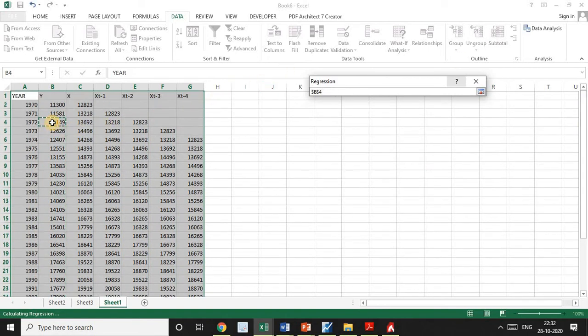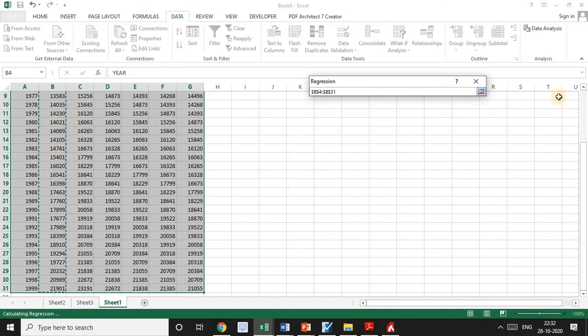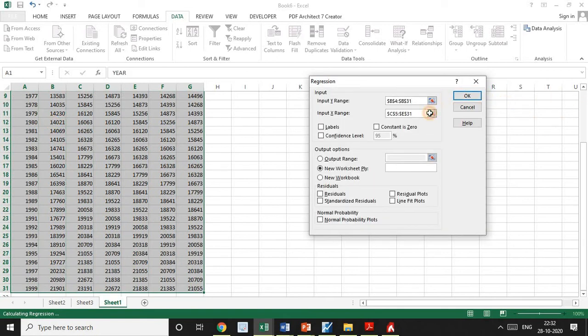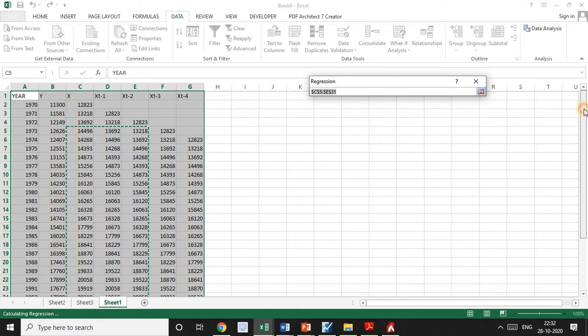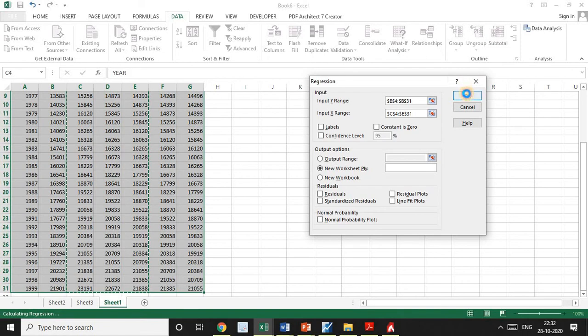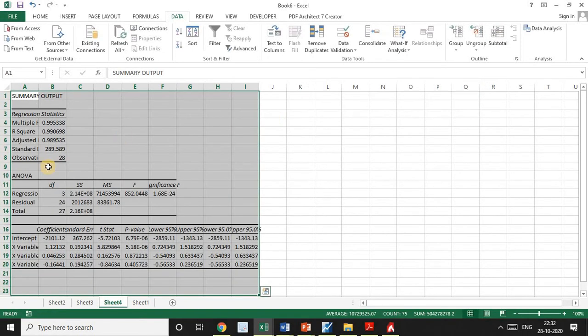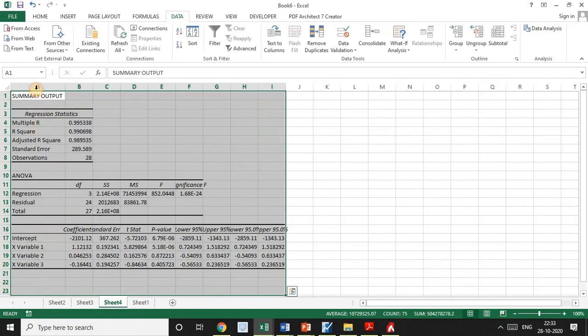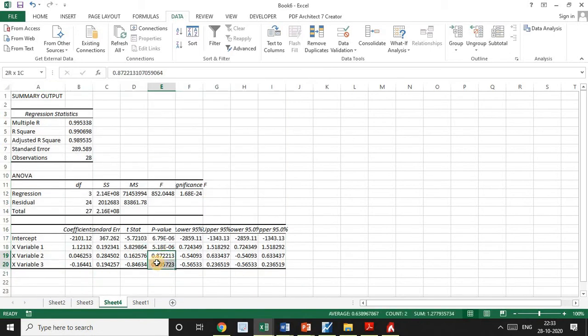This is Y, and this is the X range. Now you check it. Here also these two p-values are not significant.